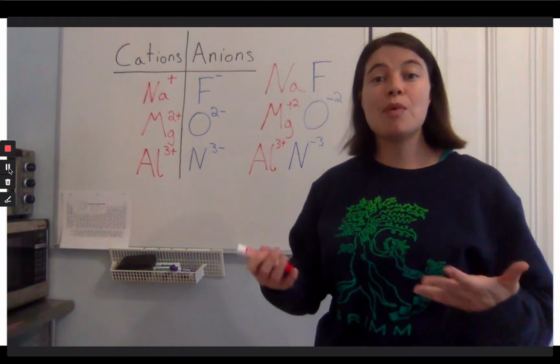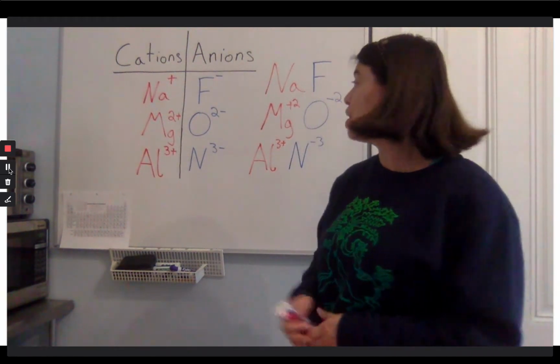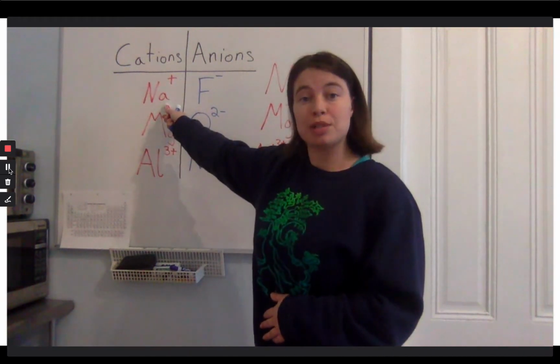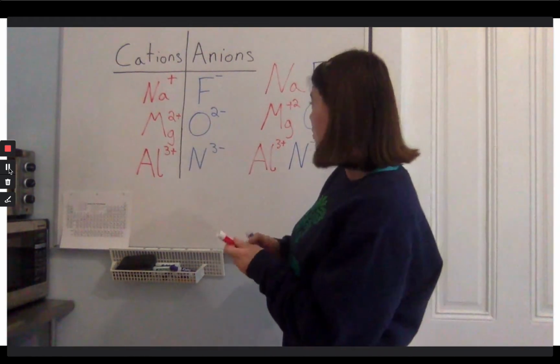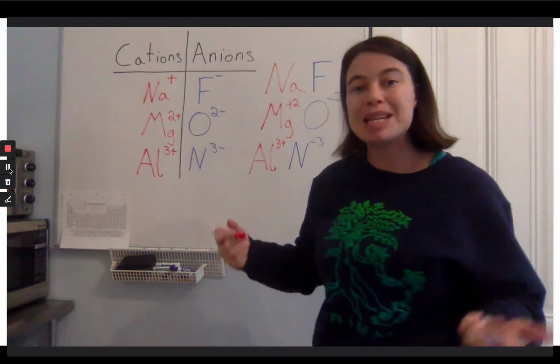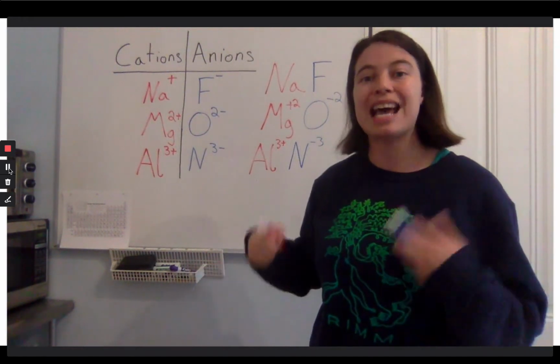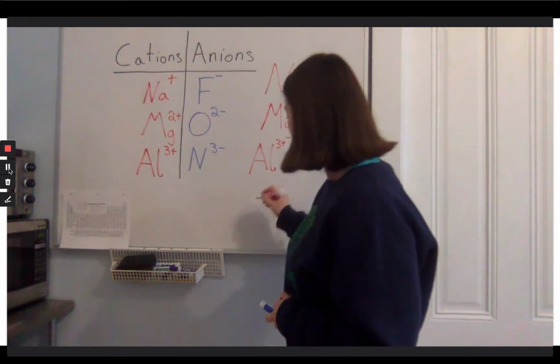So let's say I want to make an ionic compound out of sodium, which has a charge of +1, and oxygen, which has a charge of -2. What I would need to do there is think about how many positive charges I have total and how many negative charges I have total.